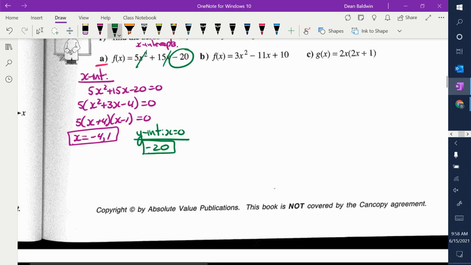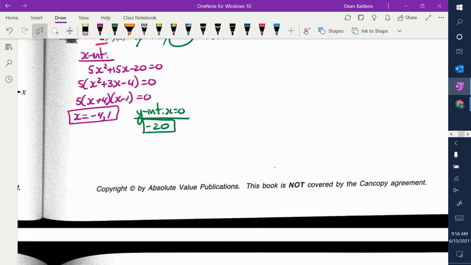All right, so we can do a quick sketch of the graph. So we have x-intercepts of negative 4 and 1. We have a y-intercept of negative 20. Just guess where negative 20 is. I don't really care. I'm just looking for a general shape here. It's got to go through those 3 points.